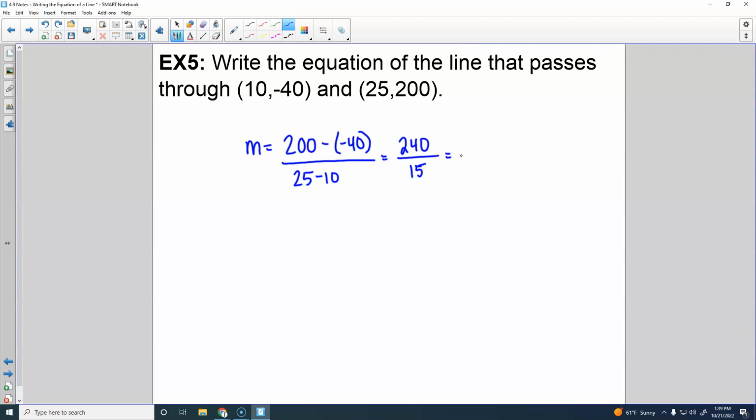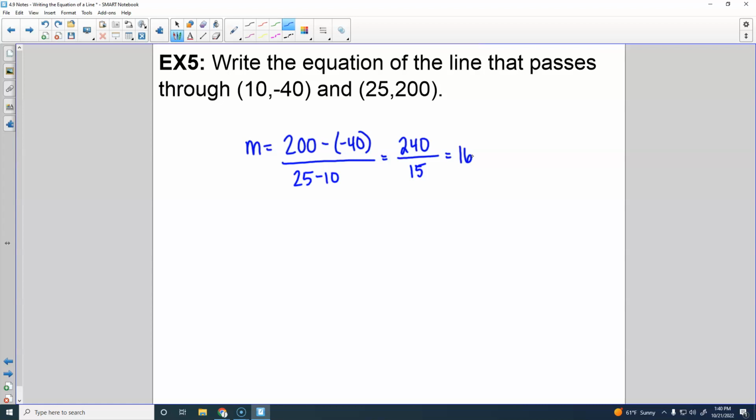Yeah, you normally are not going to have a calculator on this, but I believe it will reduce to 16. Yeah, you can divide it there. So 16 is my m.